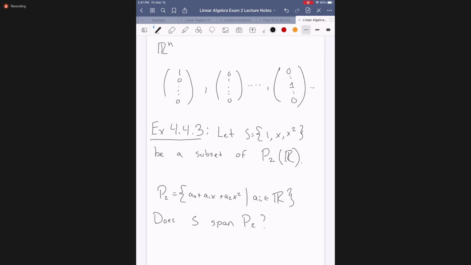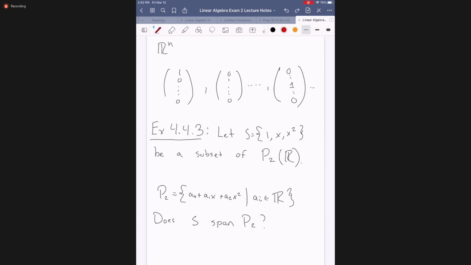What do you think you would have to do to see if it spans P2? Well, yeah, it does span it. It might be a kind of silly question, but remember, for it to span P2, what has to be true? That means if I take any polynomial of degree 2, something that looks like this, I should be able to write it as a linear combination of these things, right?